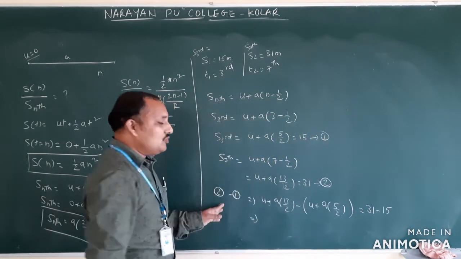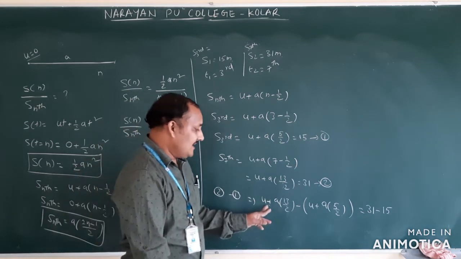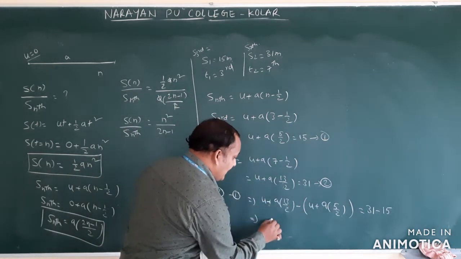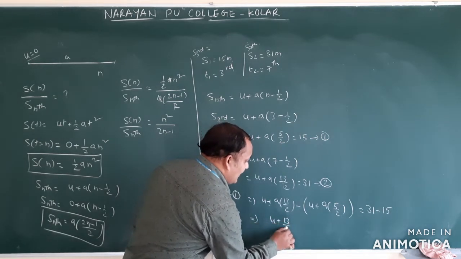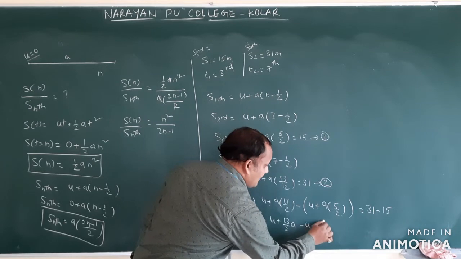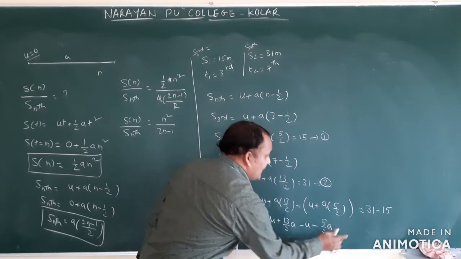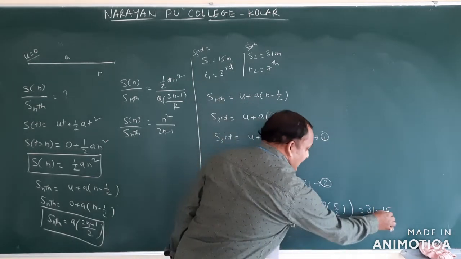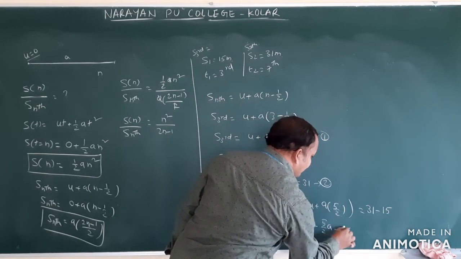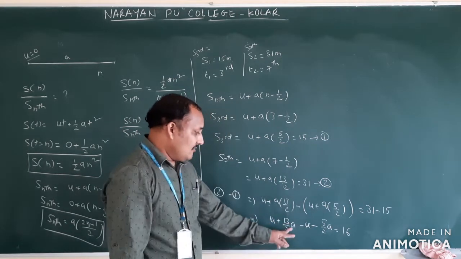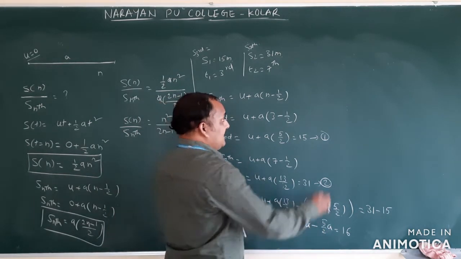So 2 minus 1 we did. Check once. U minus U will be cancelled. Then what will we get? U plus 13 by 2 into A, minus U, minus 5 by 2 A, is equal to 31 minus 15, which is 16. So U is cancelled. What is common here? A by 2 is common.